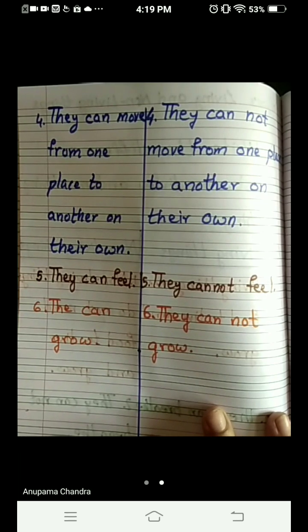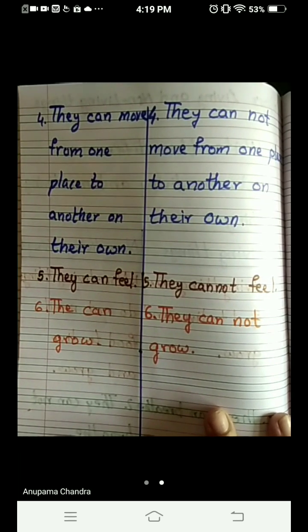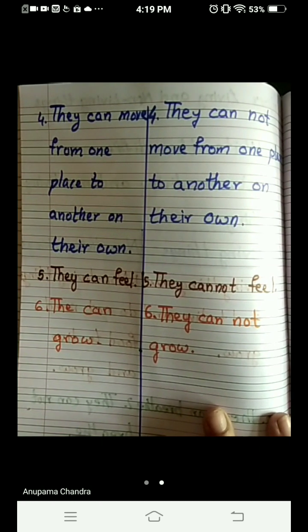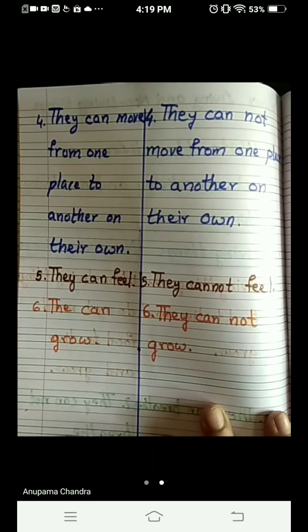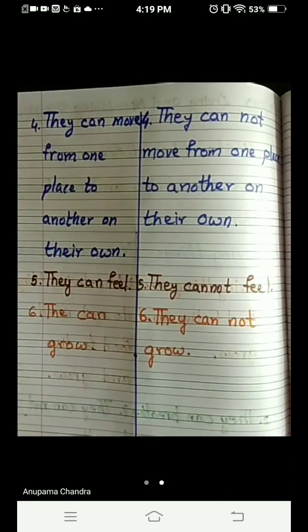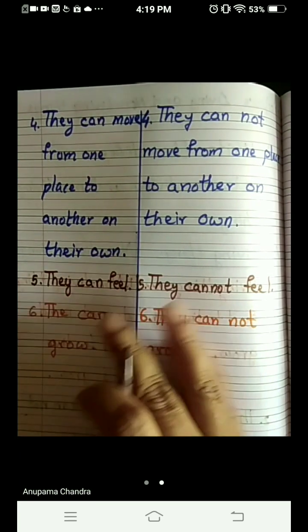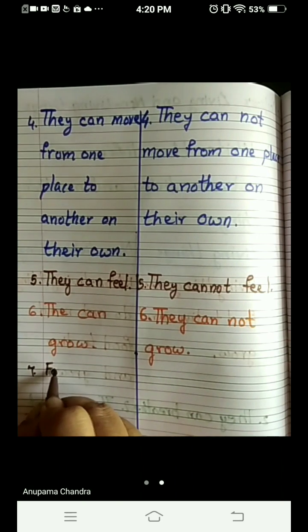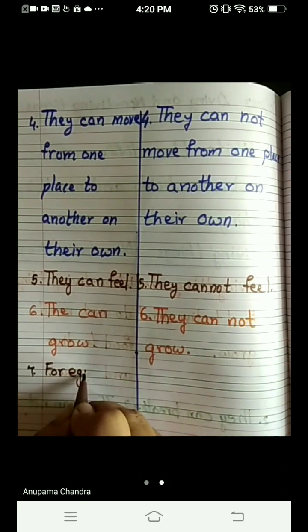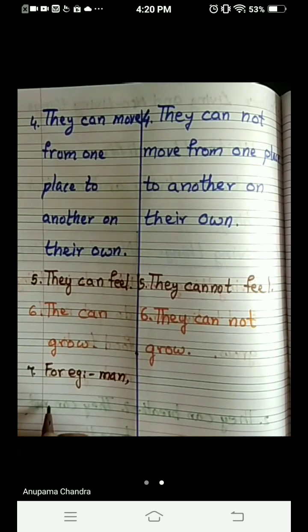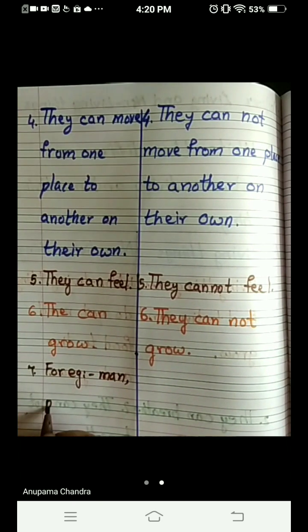So hereby we have completed this question, that is the difference between living and non-living things. In addition, you can write some examples over here. So let's write number 7 as well. For example, man, plants.